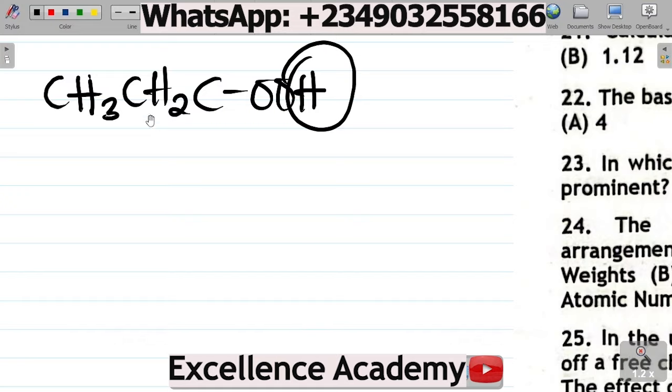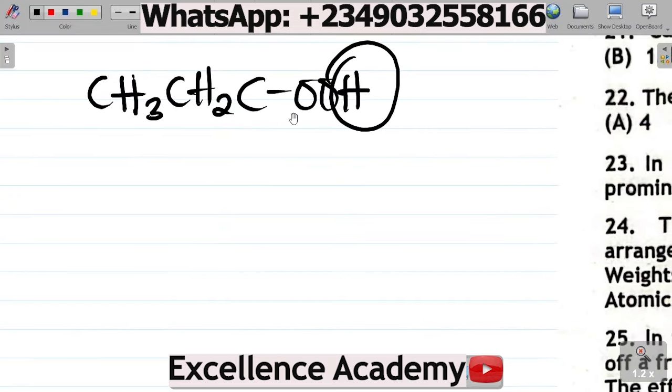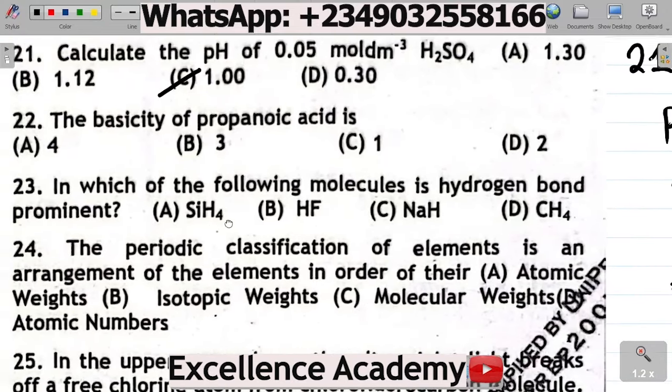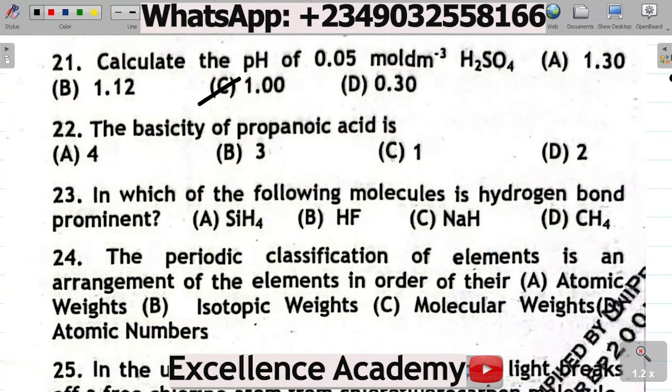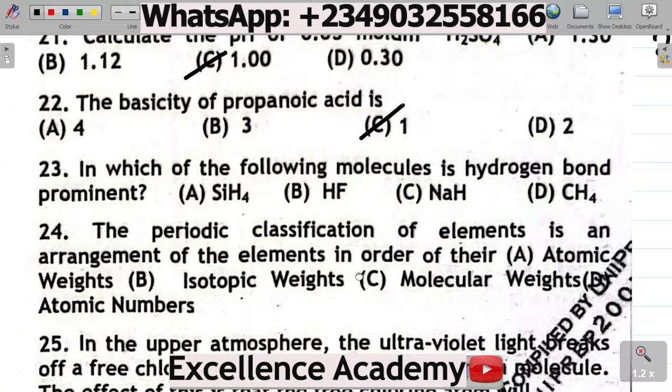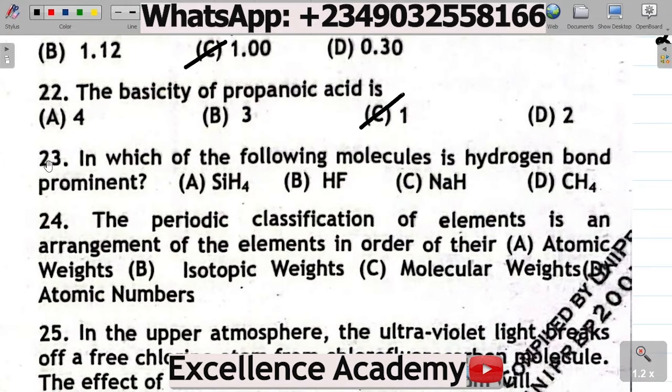All right, so note that propanoic acid has just one replaceable hydrogen ion, and that's the hydrogen ion in the COOH, this one here. All right, so the answer here is 1. So 22, the answer there is 1. That's your correct answer. Question 23.